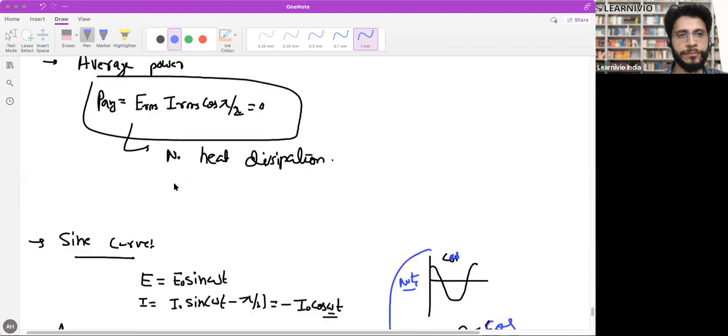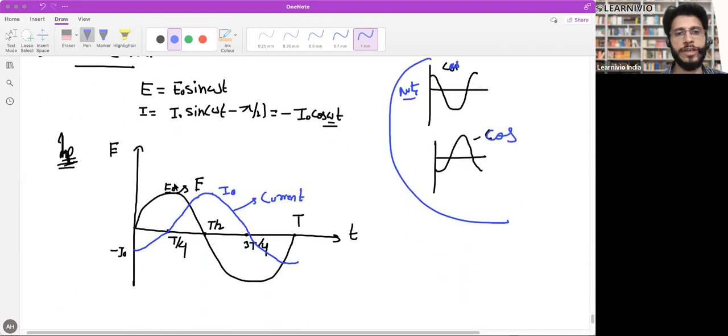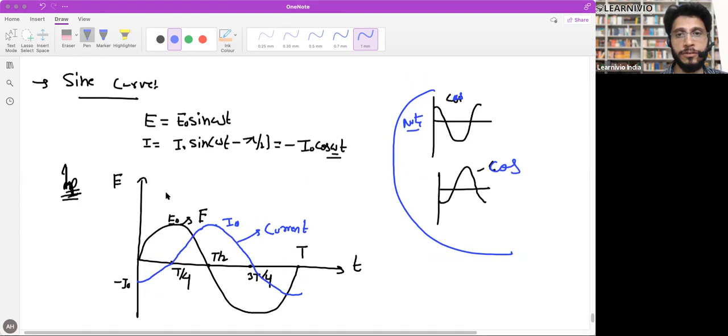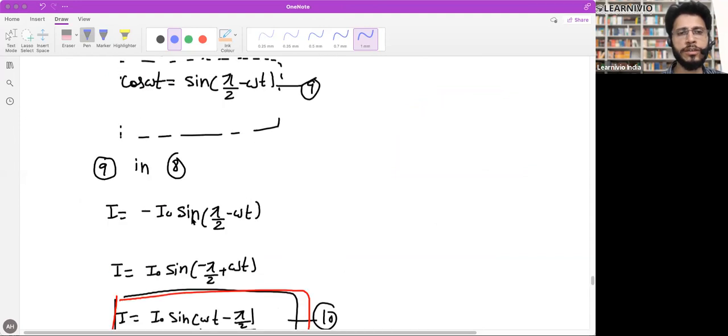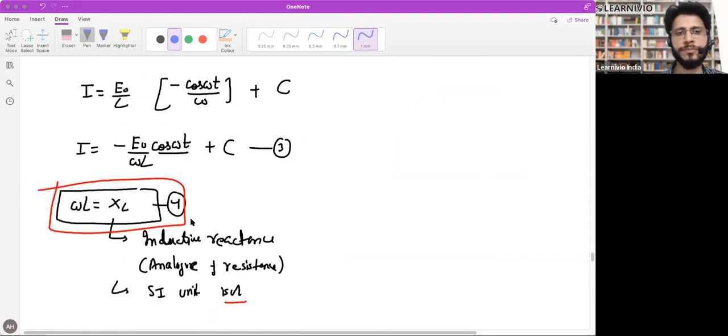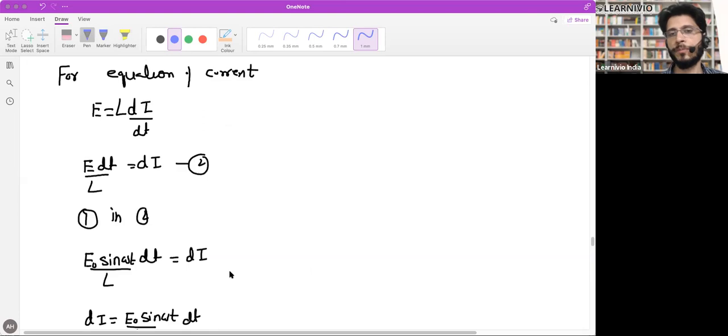Now draw the sine curve. The sine curve is extremely important. Just looking at the curve, you should be able to decide what circuit this is. If it is starting from negative, then this is for inductor. If it is a pure sine curve, then this is for resistor only.